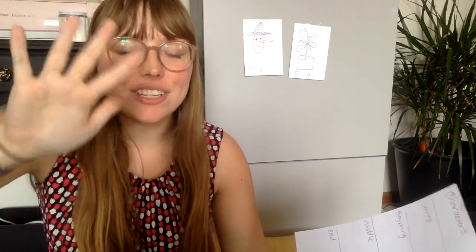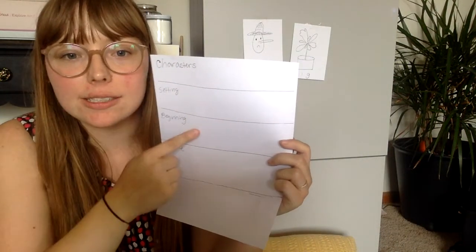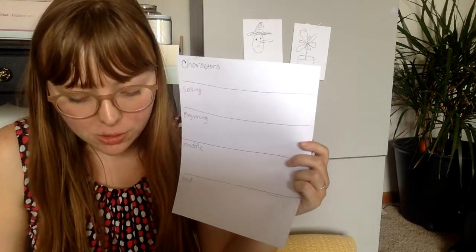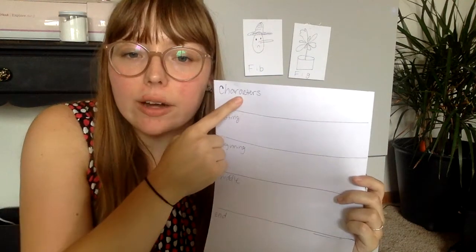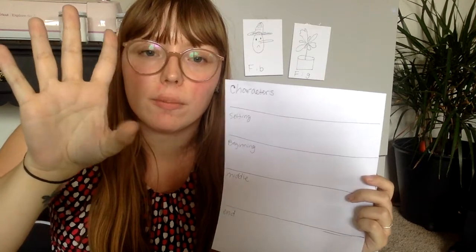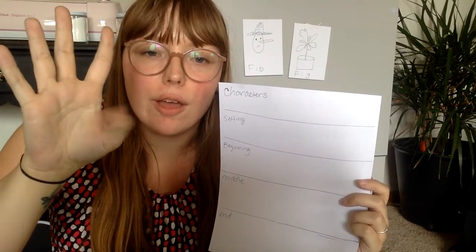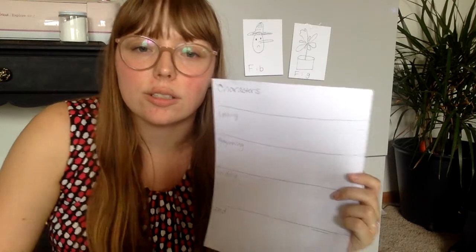It's your hand. Your hand has 5 fingers. And guess what? There's 5 things that we need when we retell a story. Up here it says characters. Characters is like your thumb. Wiggle your thumb for me. When you retell a story, you need your thumb, you need the characters.